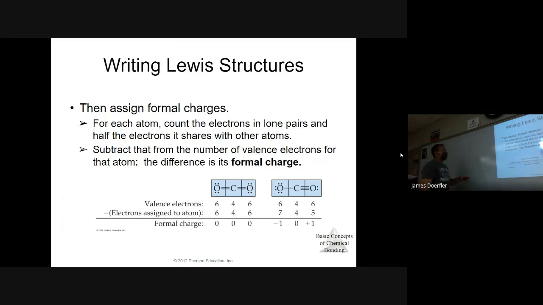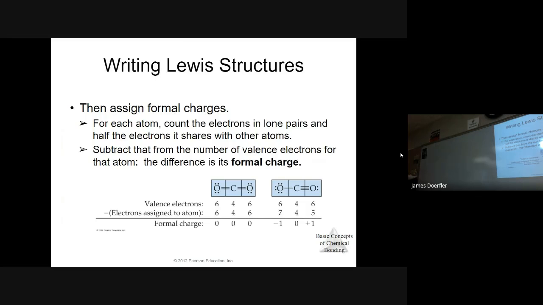So, for each atom, what you're going to do is count the electrons in lone pairs. So if you have 3 electrons that are not bonded, so if you have 3 dots, you're going to do 1, 2, 3. And for any shared electrons, you're going to half them.